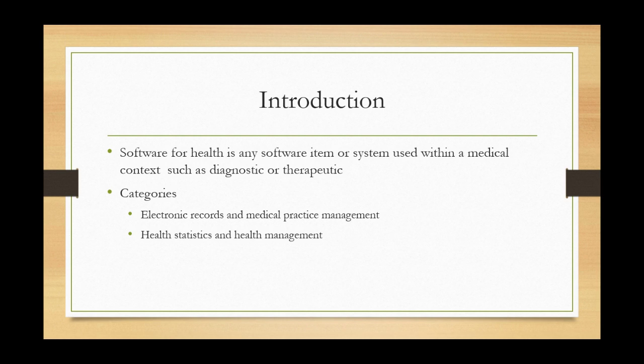It is categorized mostly into two main categories. We have open source software for electronic records and medical practice management, and we have open source software for health statistics and health management.